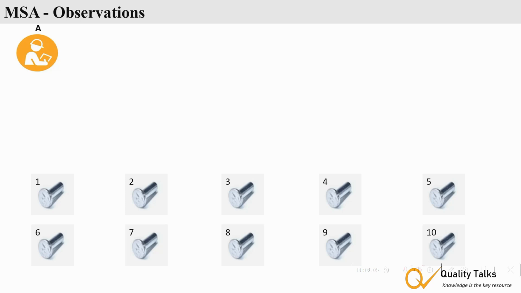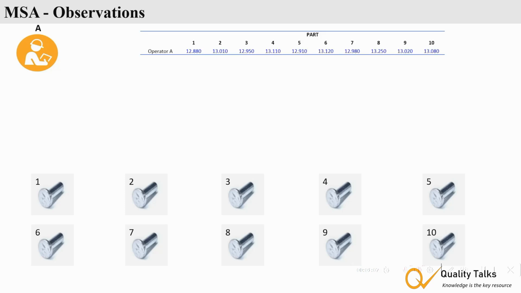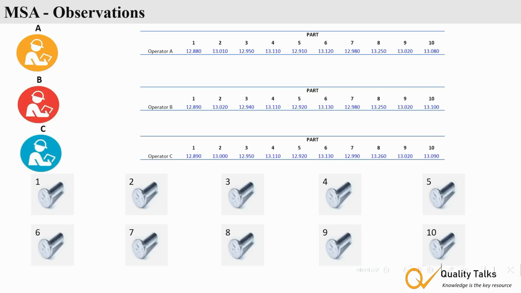A separate coordinator or recorder should note down the measurement announced by each inspector and record them against the correct part serial number. This process must be followed for all the inspectors and the entire sequence should be repeated 3 times to complete the study.